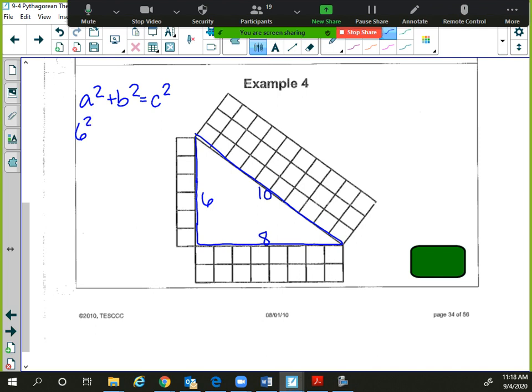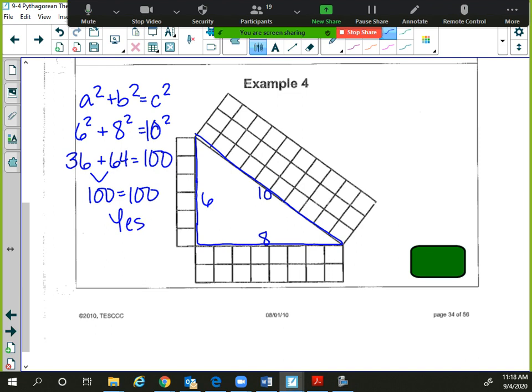We did not know the area. 6 squared plus 8 squared, will that equal 10 squared? These are pretty easy squares, these are smaller ones. So 36, then plus 64, will that equal 100? Yes, it does. 100 here and 100 here. So yes, those do form a complete right triangle.